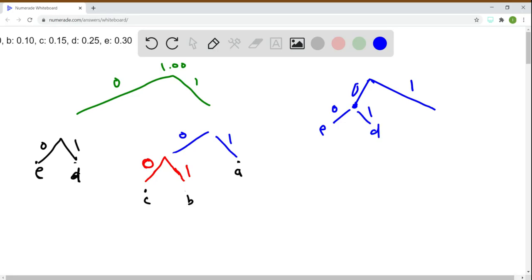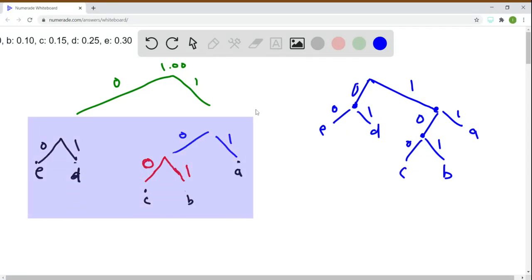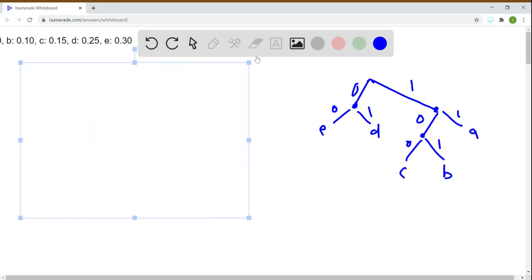So for 1, if we go out to the right again, that's going to be A. Going to the left, so that's 0. And then we have 0 and 1, and then we have C and B. Okay. So let me just go ahead and erase this tree here.